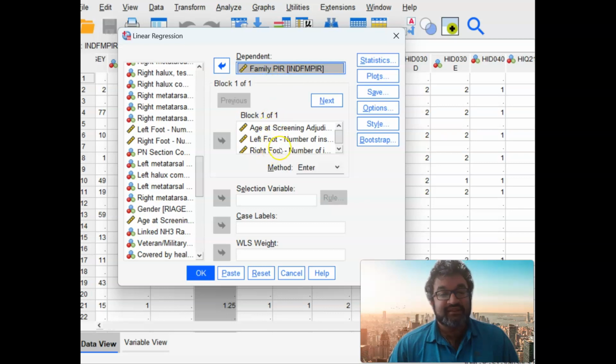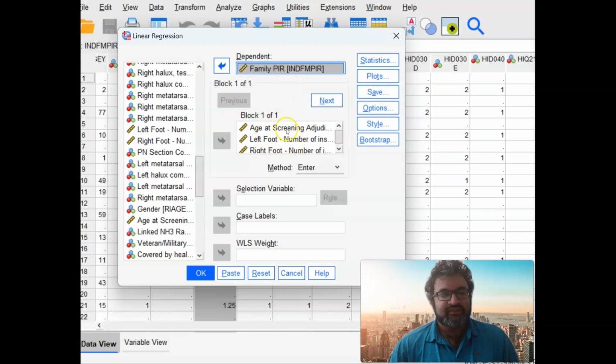They may not necessarily make sense, and I'm just trying to see, for instance, number of insensate areas on the left, number of insensate areas on the right, and how that affects family poverty income ratio.